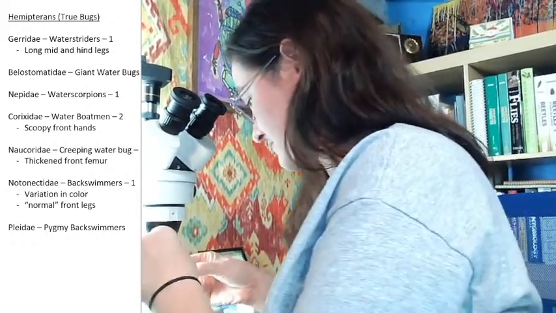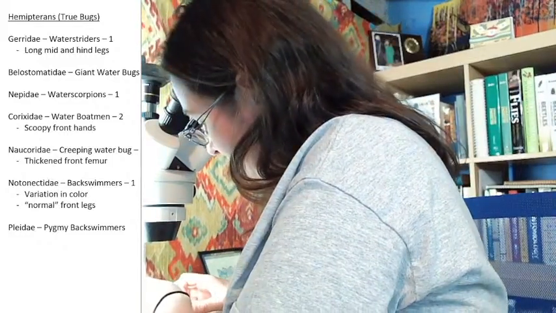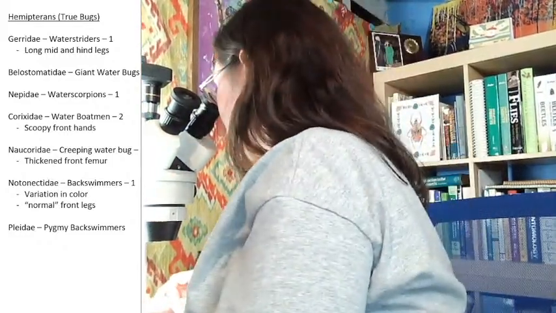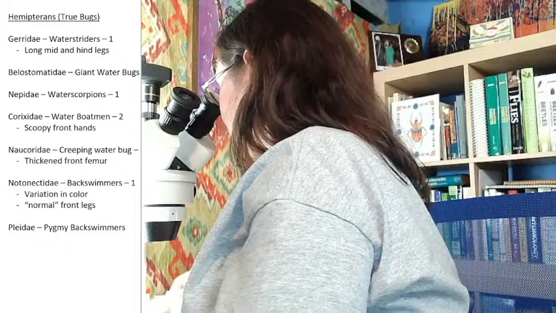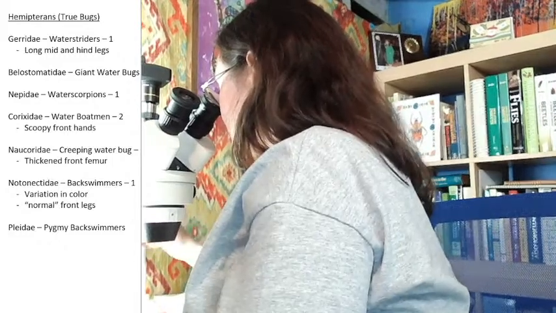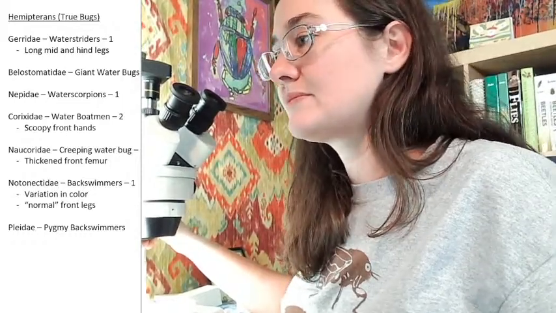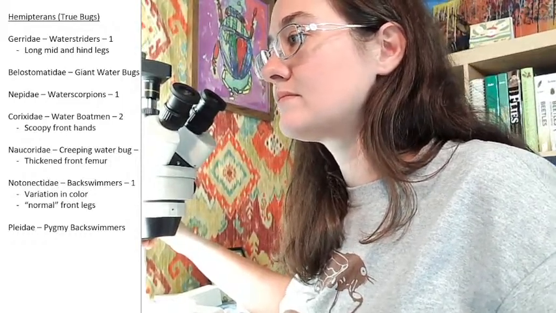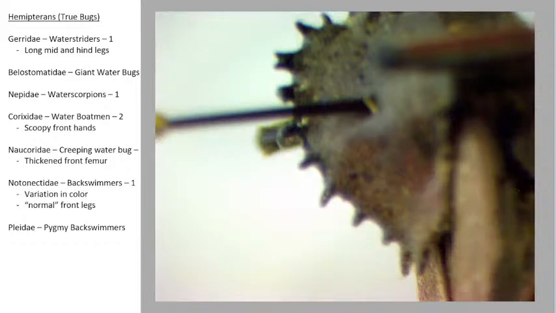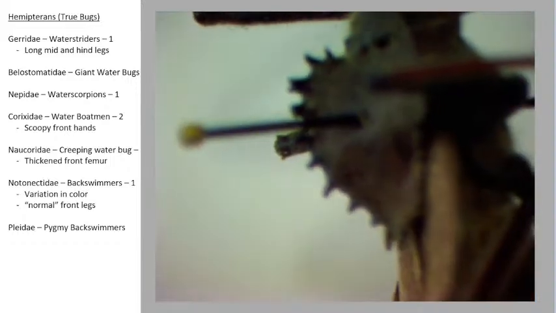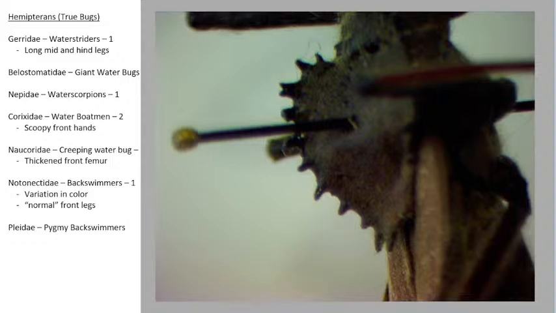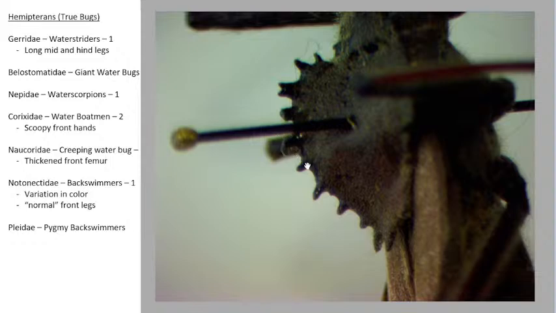Some of you have probably seen these out there. Alright, so this species of assassin bug, the Cogwheel Assassin Bug, has a back that looks like a wheel with all of these spines on it.